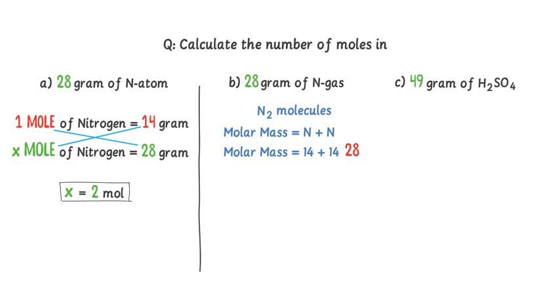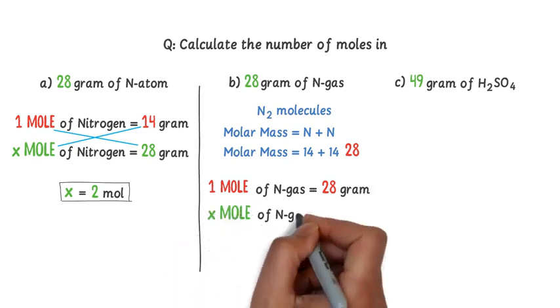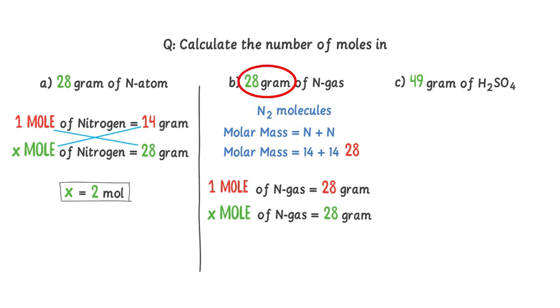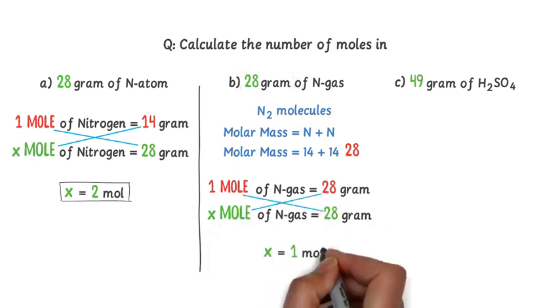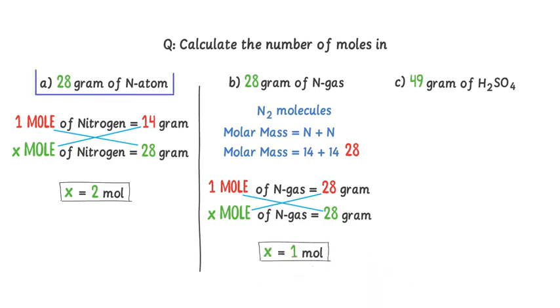Hence we say that 1 mole of nitrogen gas is equal to 28 grams. Let there be X moles present in 28 grams of nitrogen gas. After calculation, I get 1 mole. Thus remember that in 28 gram of nitrogen atom, there are 2 moles of nitrogen present, while in 28 gram of nitrogen gas, there is only 1 mole of nitrogen gas present.